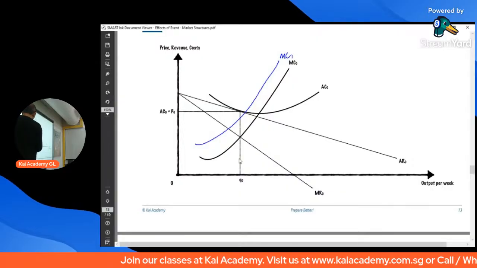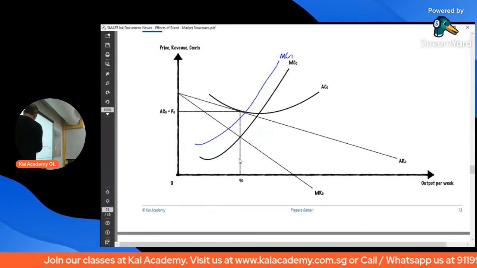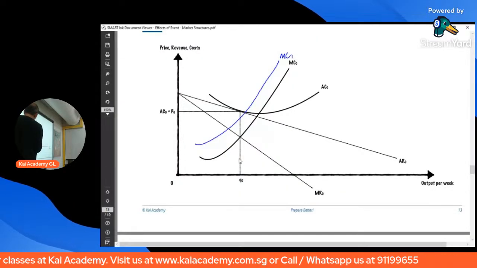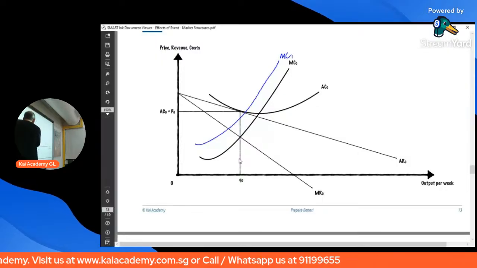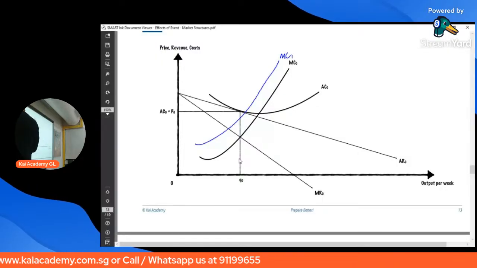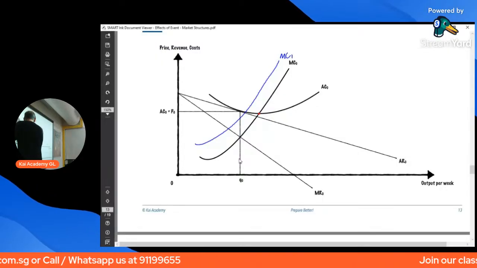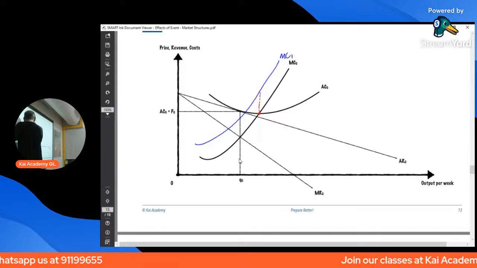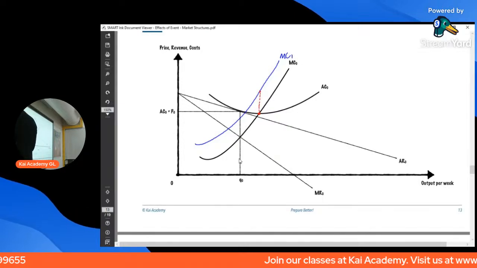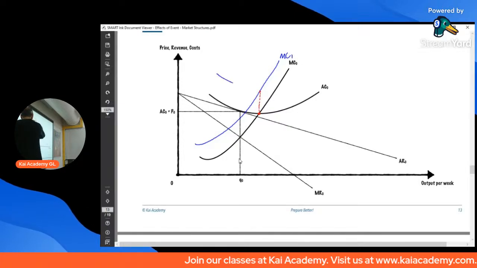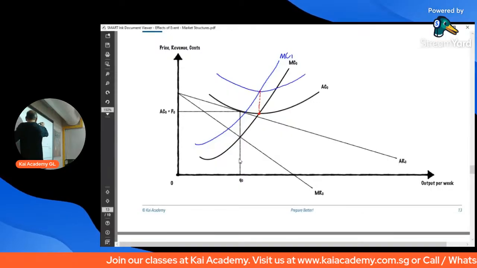Then I draw the AC curve shifting up, right? Now the point is where does it shift? Again, I want to make my life simple. I take the original minimum point and maintain that same minimum point, so I just draw my new AC curve like this.